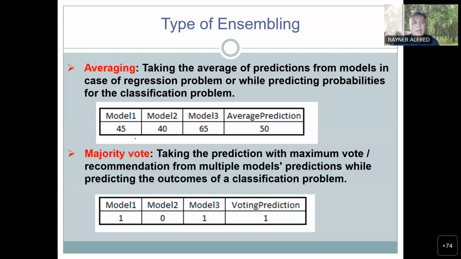Let's suppose this is a linear regression, where we're trying to predict numerical values. What we can do is take the summation from each model and take the average. For classification, which produces true or false, we can take the majority voting. In this case the voting prediction will be 1.